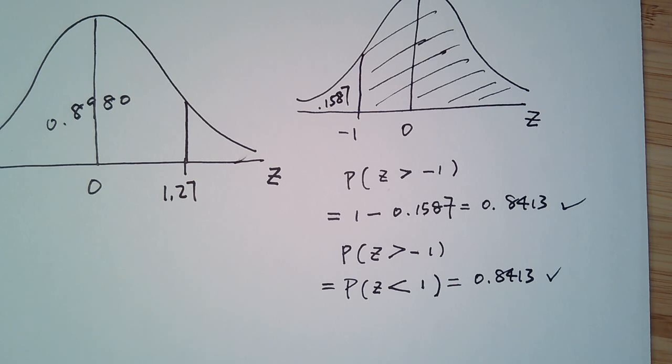Now we use this bone density again, and we use the correspondence between probability and area. We're going to see what is the probability that a randomly selected person's bone density is between -1 and -2.5. You know how to do that?